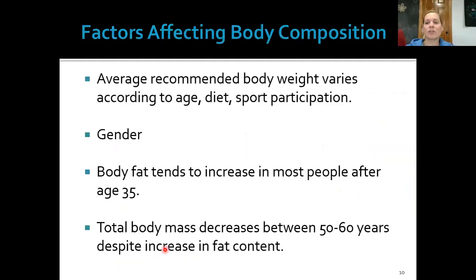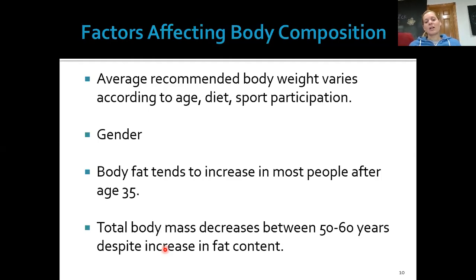So what are some factors that are important to consider when looking at body composition? How much body fat percentage we should have varies depending on age, diet, sports participation, and gender as well. As we already mentioned, males will generally have lower body fat in comparison to females.